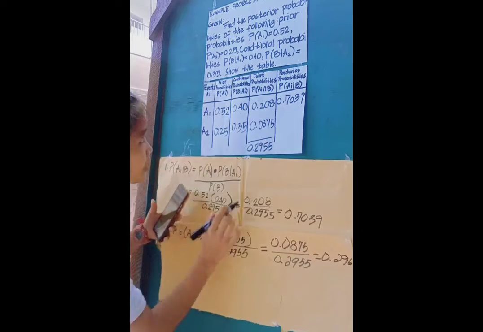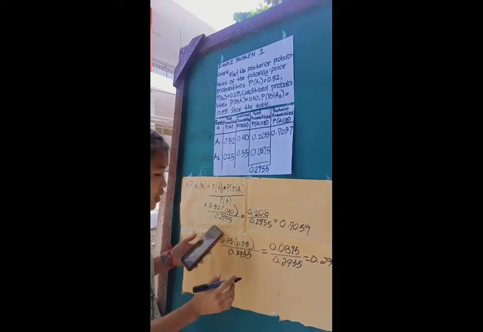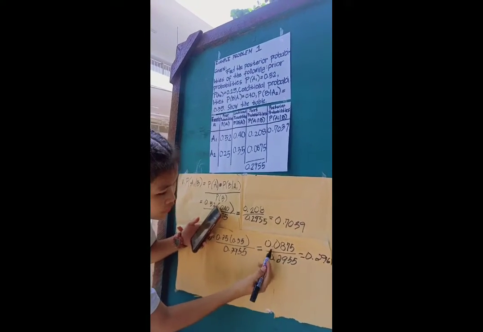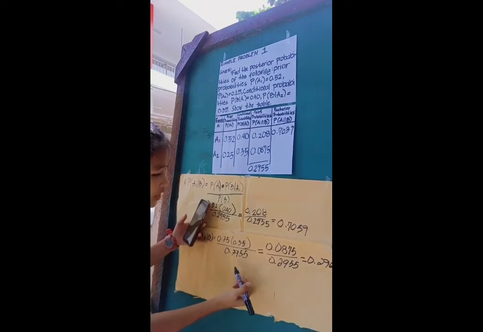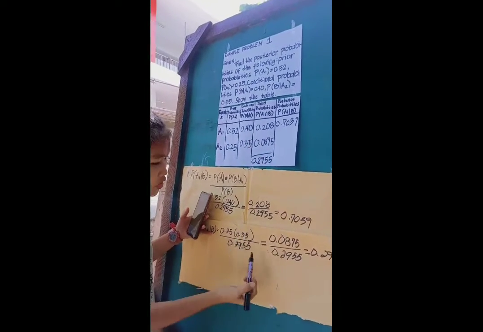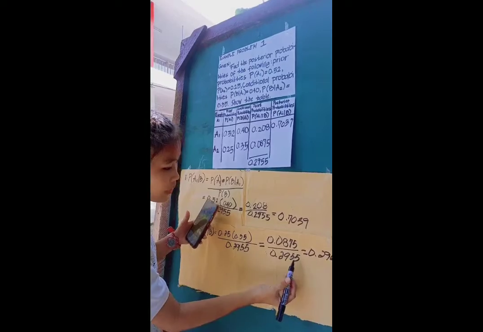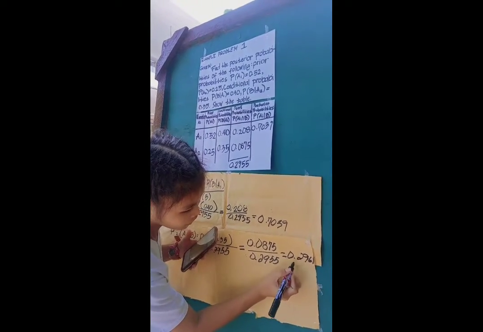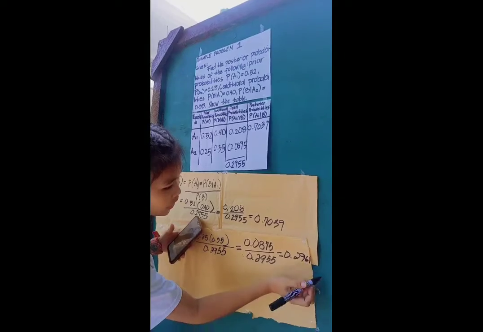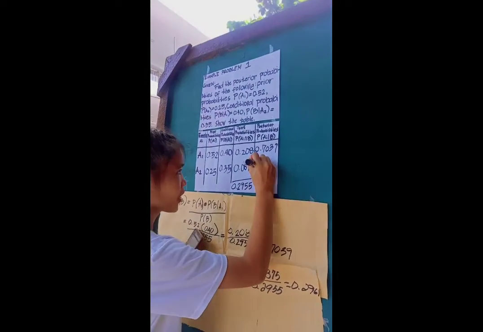Then we copy the joint probability 0.0875, and we copy the joint probabilities here, which is 0.2955, and we divide it, and what comes out is 0.2961. We copy this here.